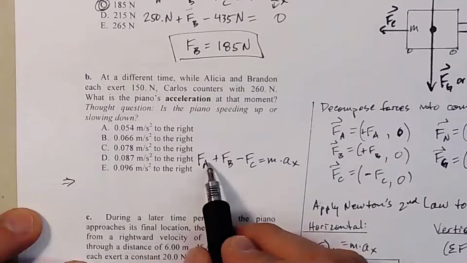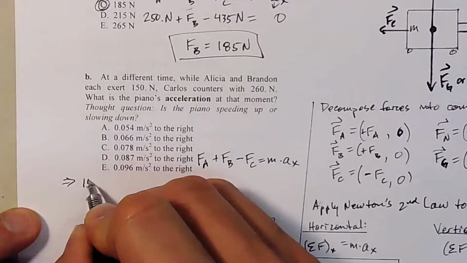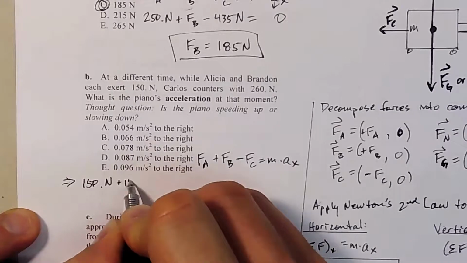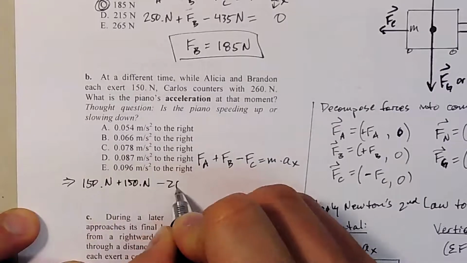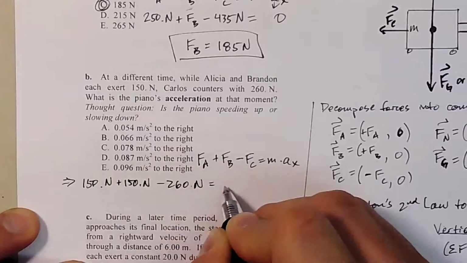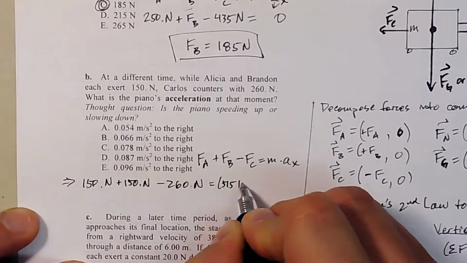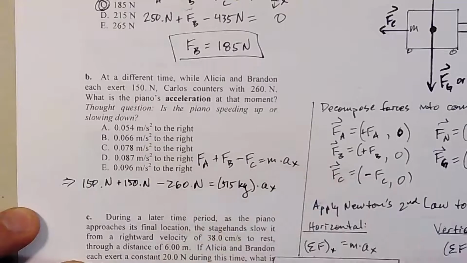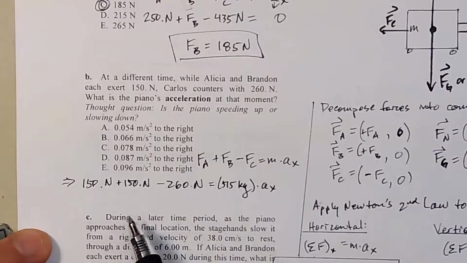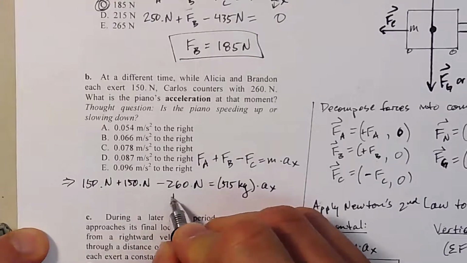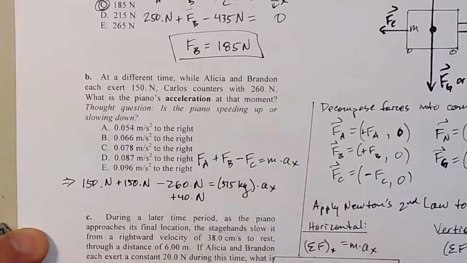Now all three of these are given: 150 newtons plus 150 newtons minus 260 newtons, and that's equal to the mass of the piano times horizontal acceleration. If I add up all of these forces on the left side, they add up to just 40 newtons.